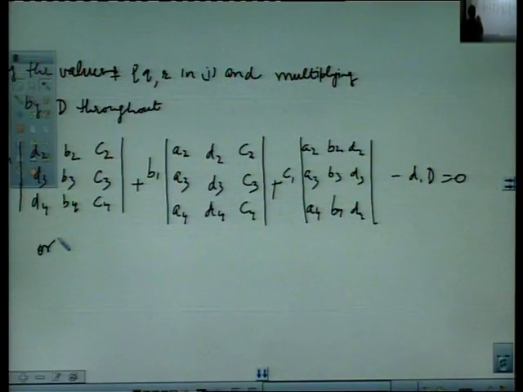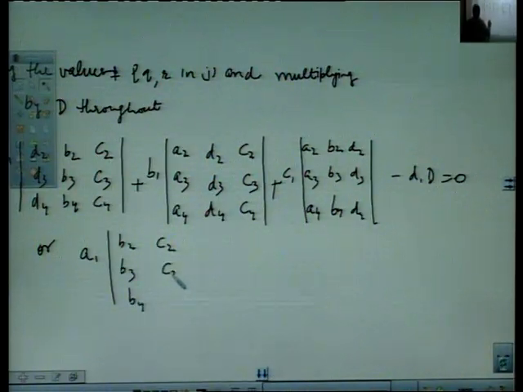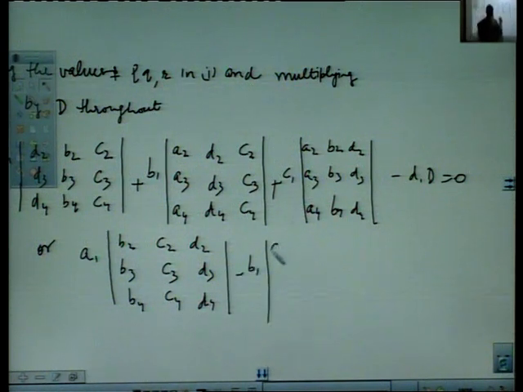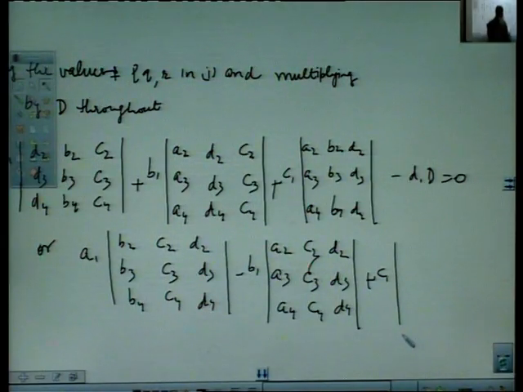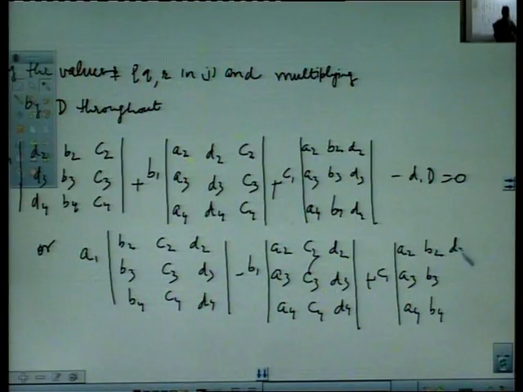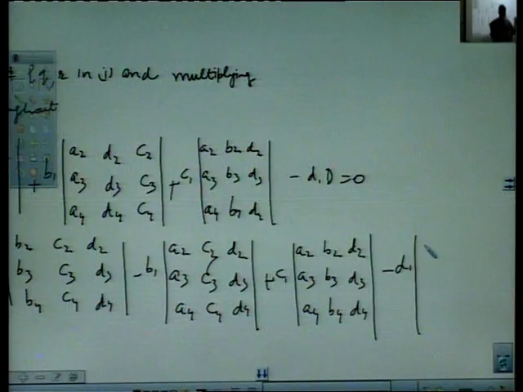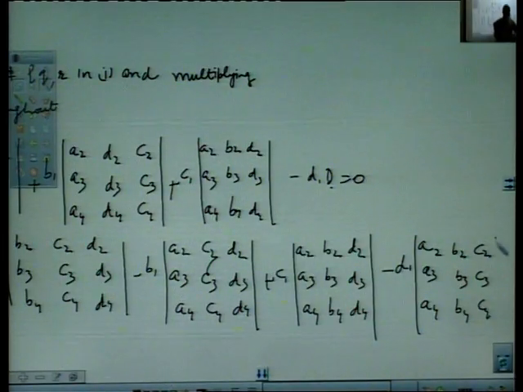Or we can write A1 times the determinant B2, B3, B4, C2, C3, C4, D2, D3, D4, minus B1 times A2, A3, A4, C2, C3, C4, D2, D3, D4, plus C1 times A2, A3, A4, B2, B3, B4, D2, D3, D4, minus D1 times D, where D is A2, A3, A4, B2, B3, B4, C2, C3, C4, equal to 0.